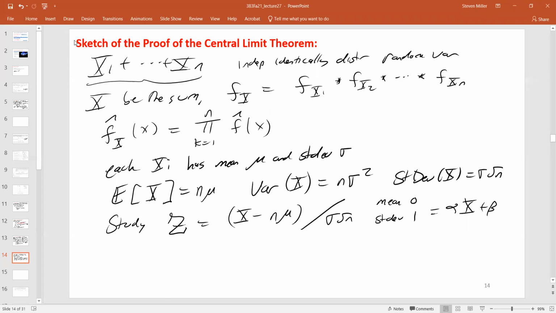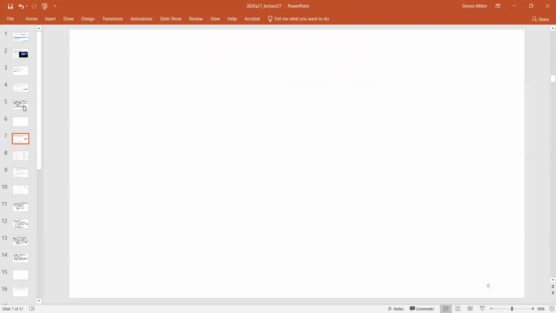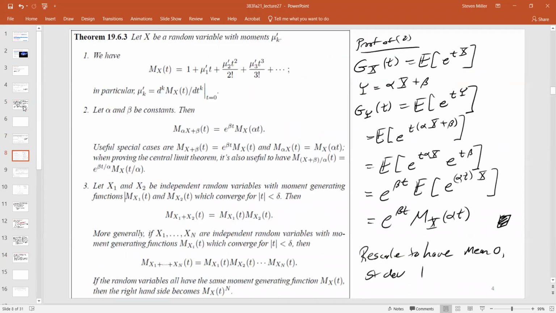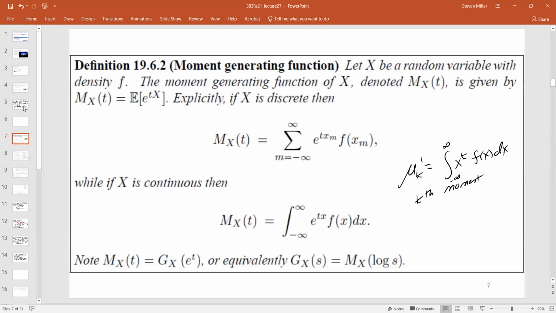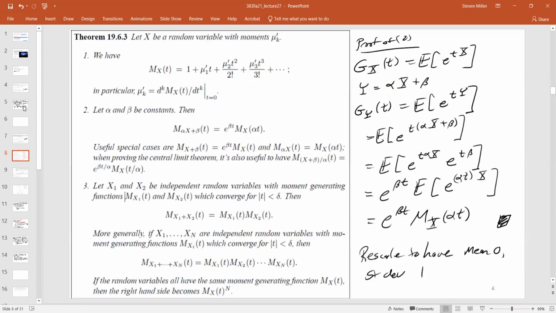And we talked earlier at the start of the day that if I have the moment generating function of alpha x plus beta, it's very nicely related to the moment generating function of x. I rescale the t, I rescale the argument, and I have an exponential factor outside. The moment generating function is coming from taking the expected value of e to the tx. The only difference with the characteristic function is I'm letting t be negative 2 pi i t. So the same result is going to hold, and you're still going to have a result like this.